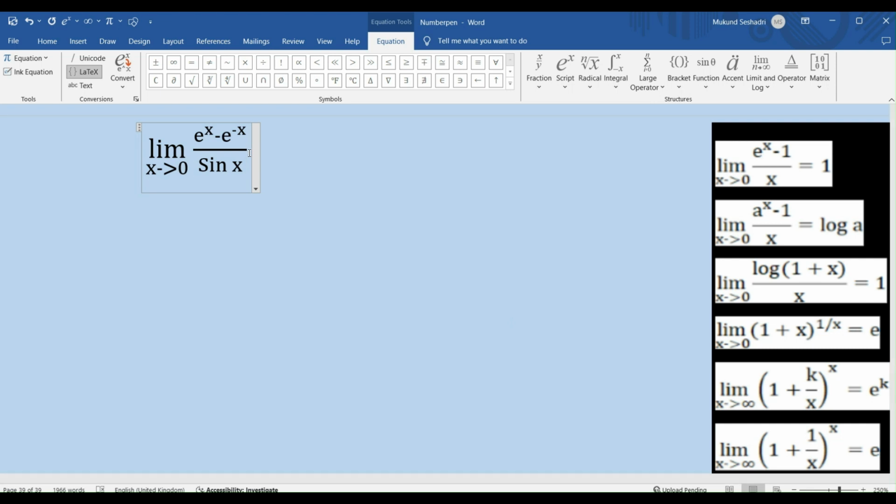So we have the problem on our screen. Limit x tending to 0, e to the power x minus e to the power minus x divided by sine x, right? So this is a problem which has got two concepts to it.